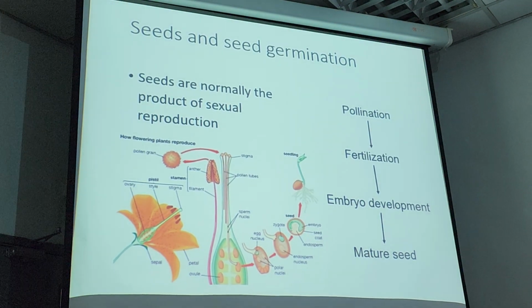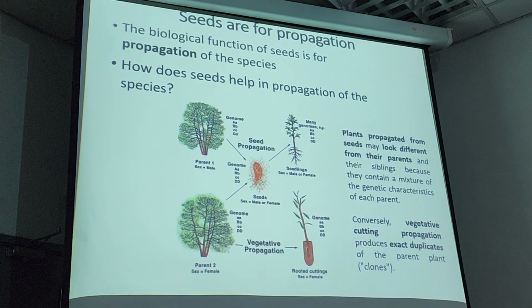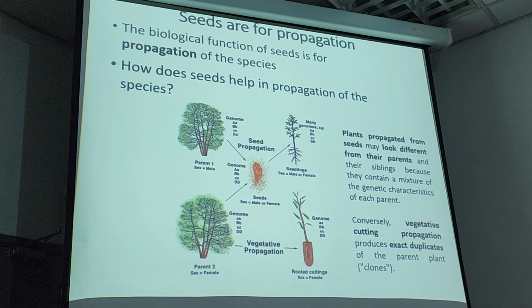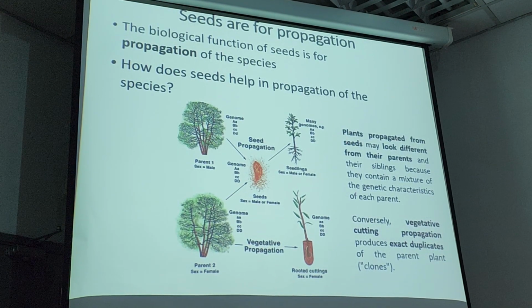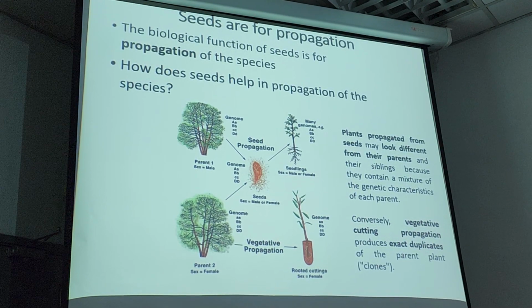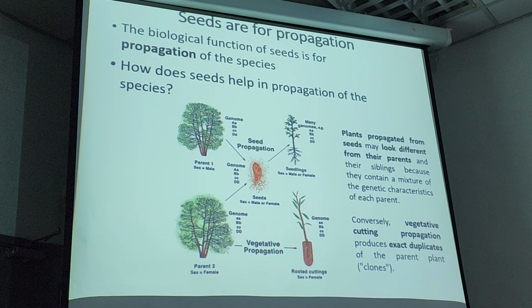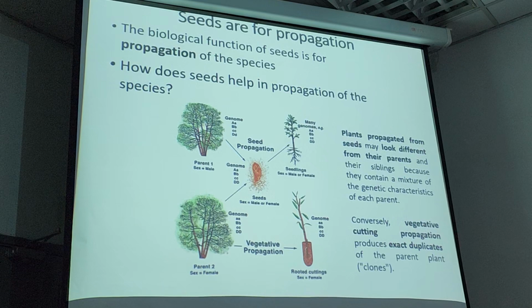Then you will get your mature seed, and this is what we're going to have a look at today. So, what is the story of these seeds? In essence, having seeds is only for one purpose. That is for propagation. That is for the continuum of the species. That is the simple reason of having seeds.